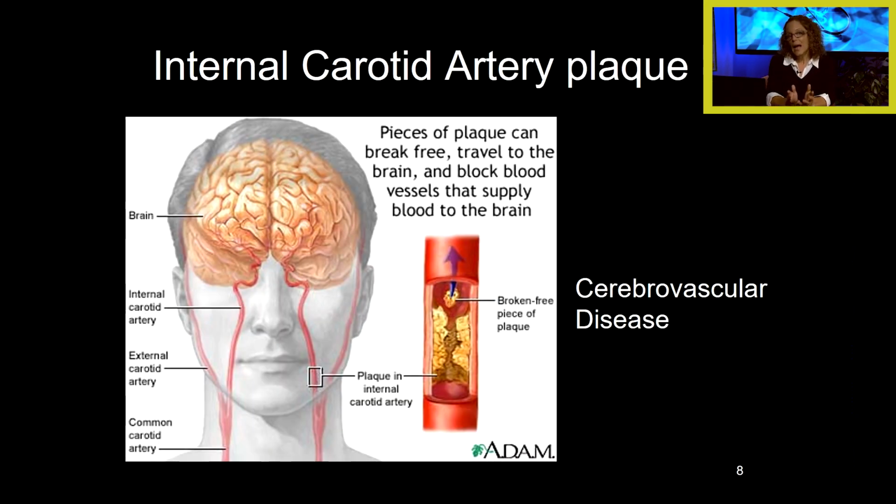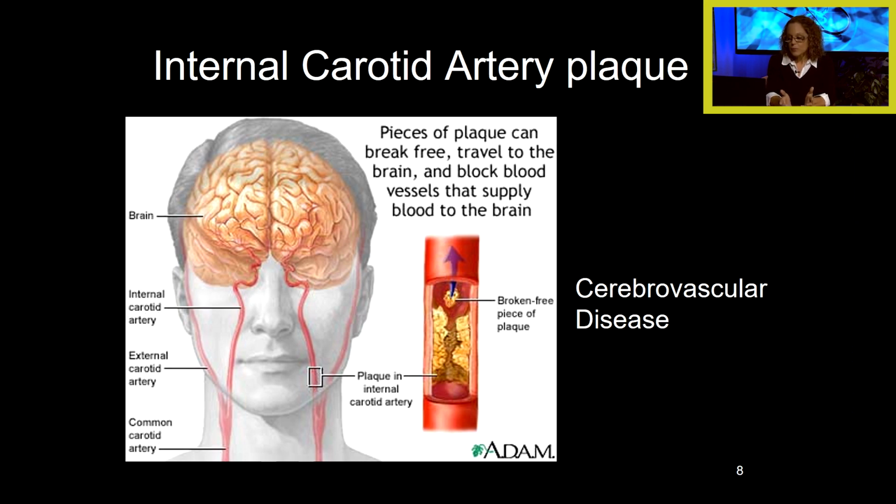One of the things that happens is our internal carotid arteries can start to develop plaque. If a piece of that plaque breaks free and travels up into the brain and blocks a blood vessel that supplies the brain with blood, what we have then is an embolus, right?